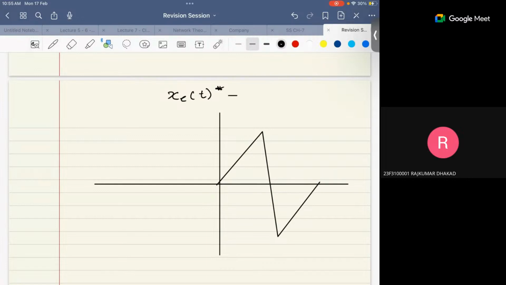The y axis. Yes, the even function is symmetrical about the y axis, and the odd signal is symmetrical about the origin.